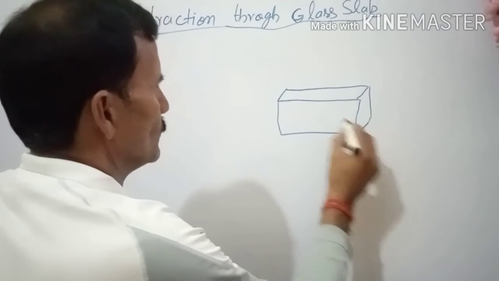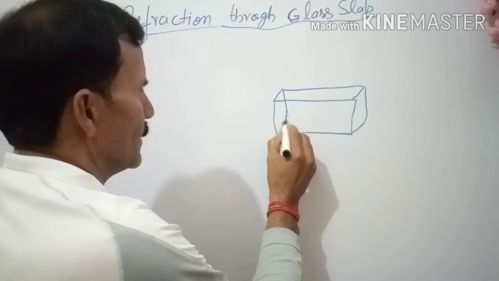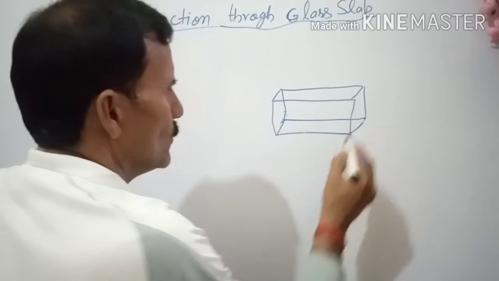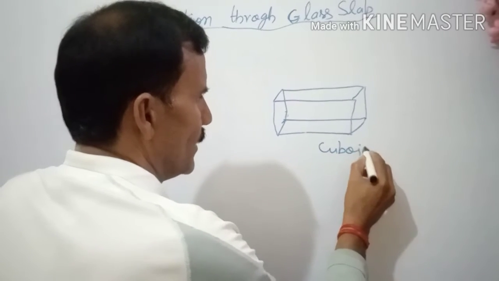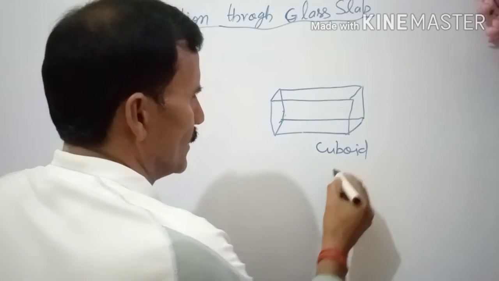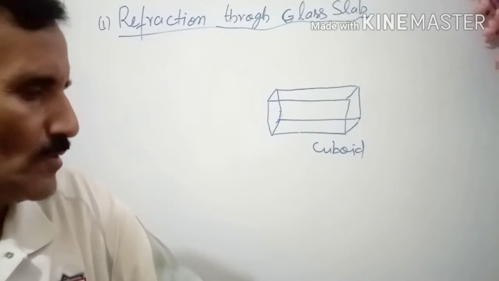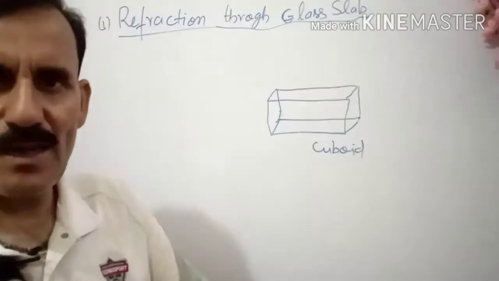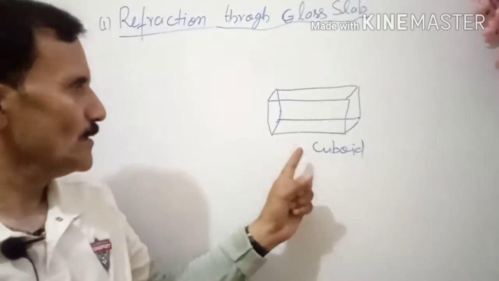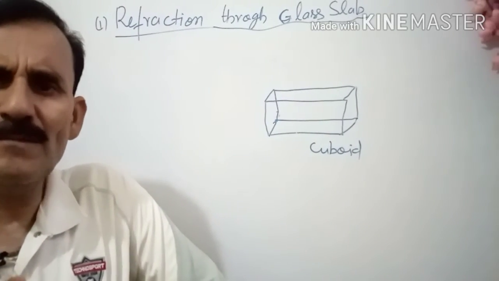When you go to your lab, you will find a rectangular cuboid made up of glass. That is called a glass slab. Glass slab is a rectangular cuboid made up of any transparent medium.